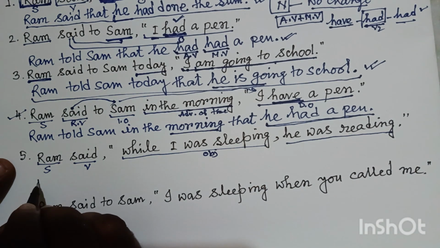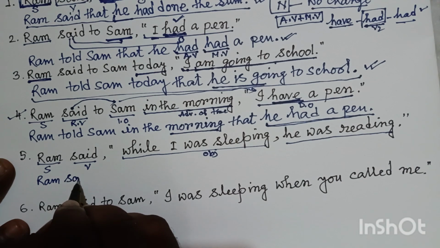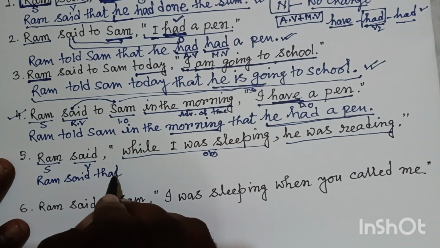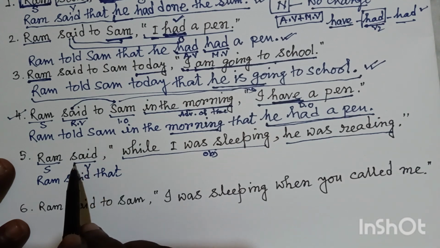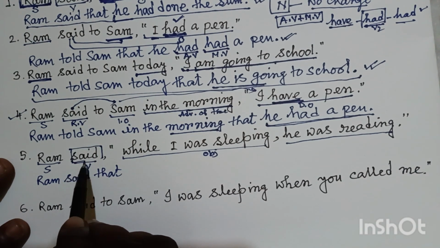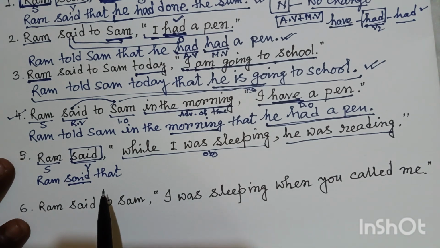So we have to write down Ram said that. Actually said is a monotransitive verb, so obviously there will be one object. So we have used said and that. After that, whatever we write down will be the subordinate clause and it will act as the object of said.